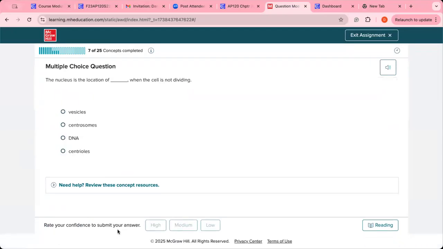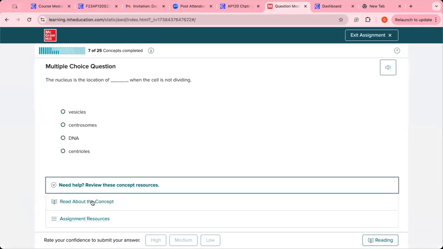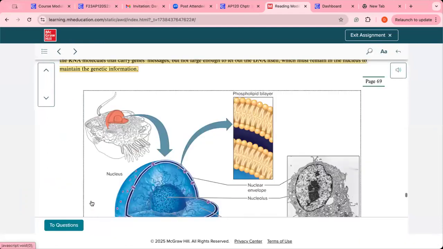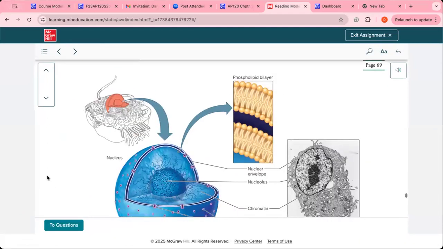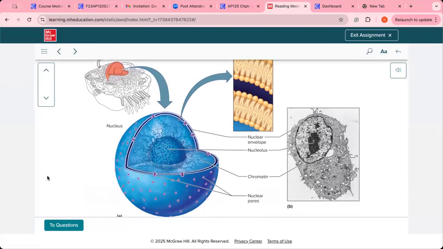The nucleus is the location of blank when the cell is not dividing. Okay, so there's my nucleus.